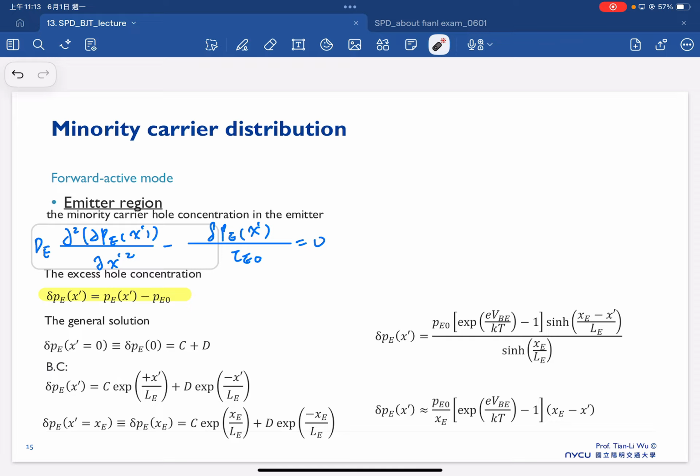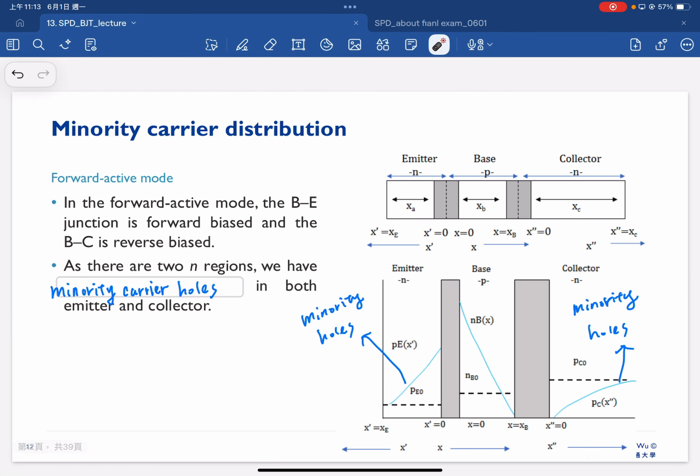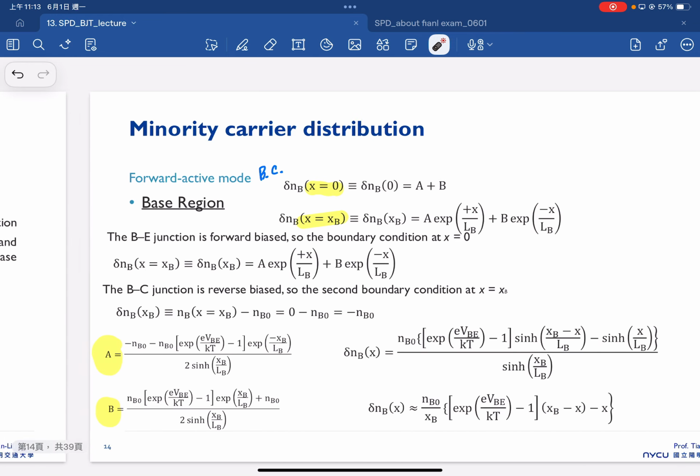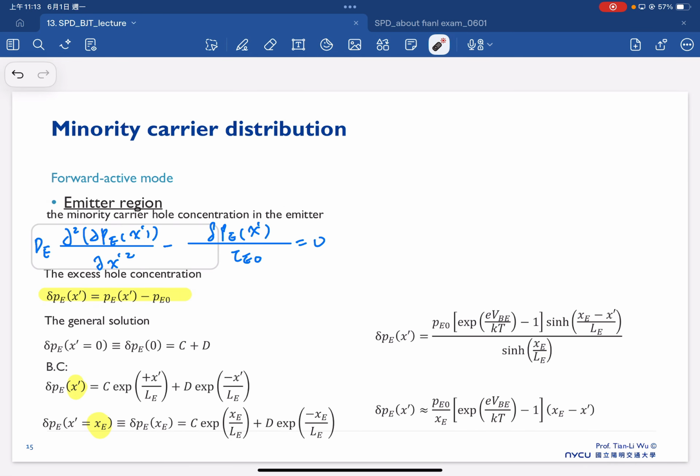We apply the boundary conditions at x prime equal to 0 and x prime equal to xE, here, here, and here. Therefore, we get this solution for the excess hole concentration in the emitter region.